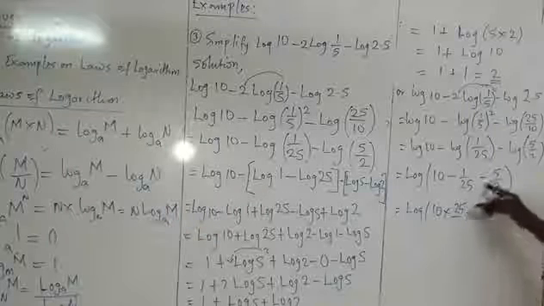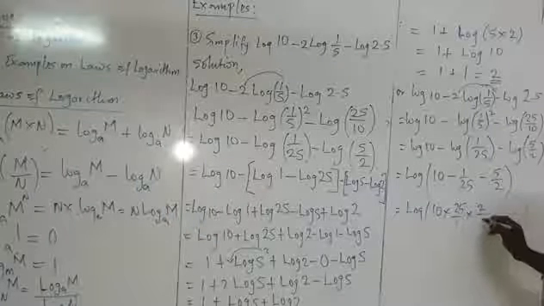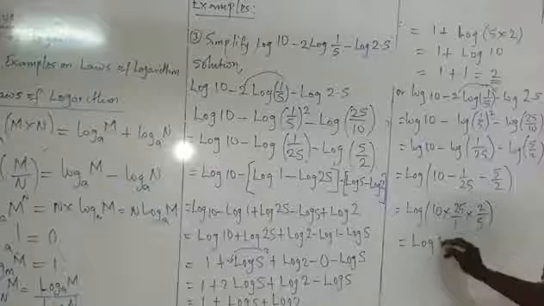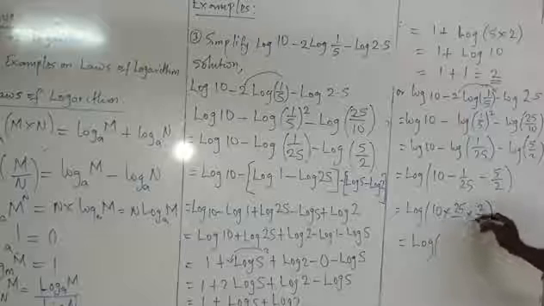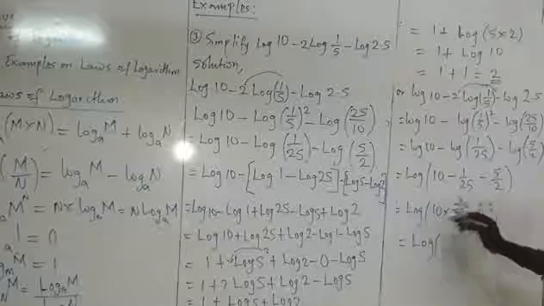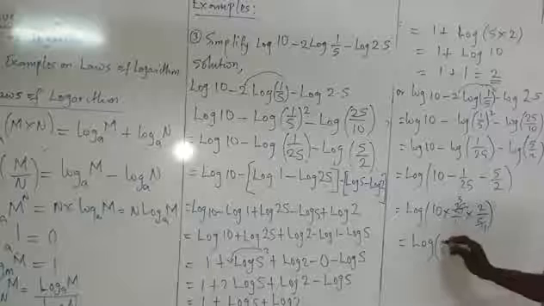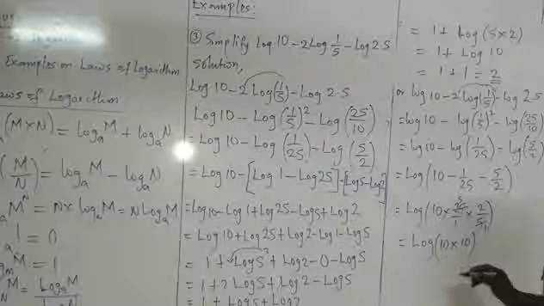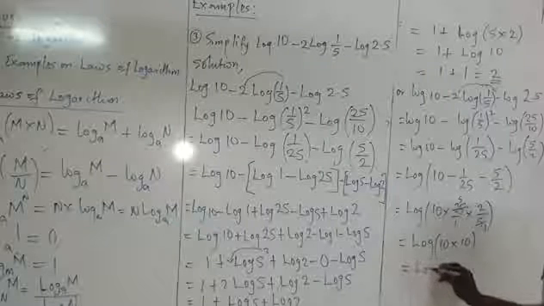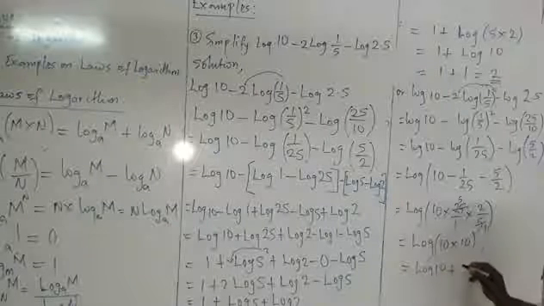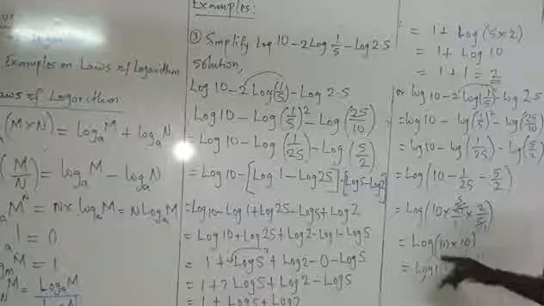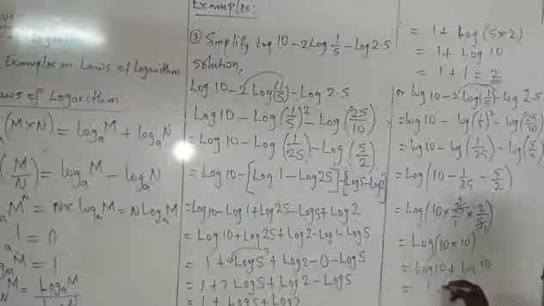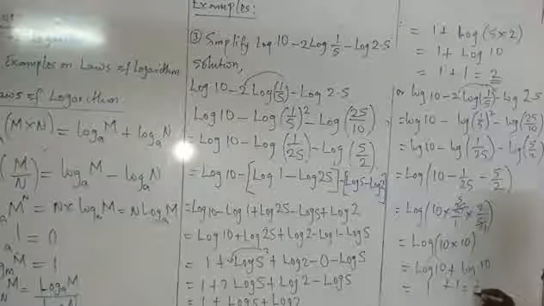Then multiplied by 2 over 5. So which is equal to log into, 5 and 5, 1, 5 and 25, 5. So we are left with 10 times 5 times 2 times 10. So which is equal to log 10 plus log 10 using the multiplication law of logarithm. So which is equal to 1 plus 1. 1 plus 1 is also 2.